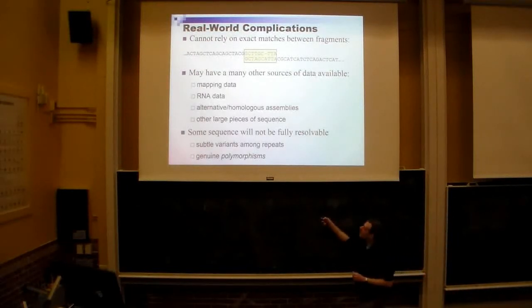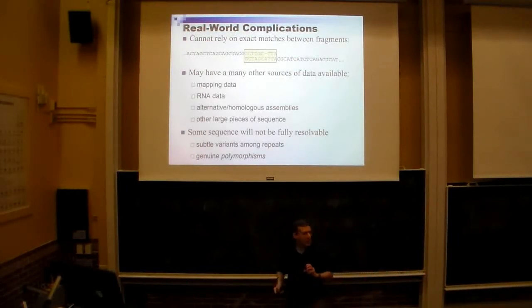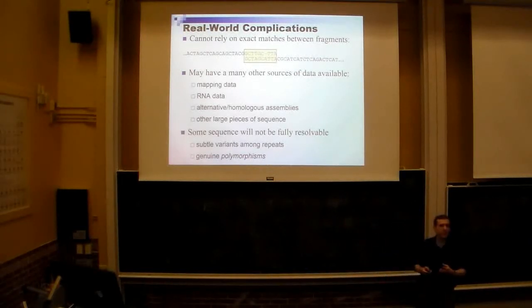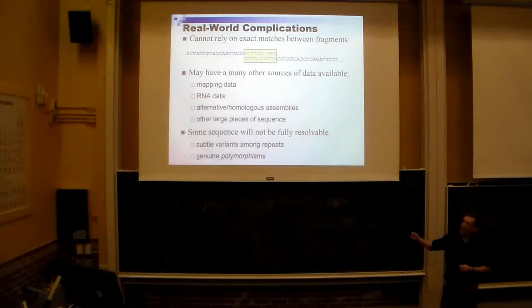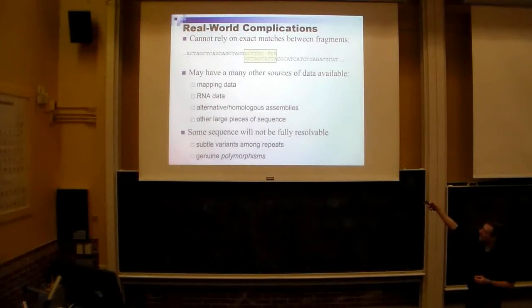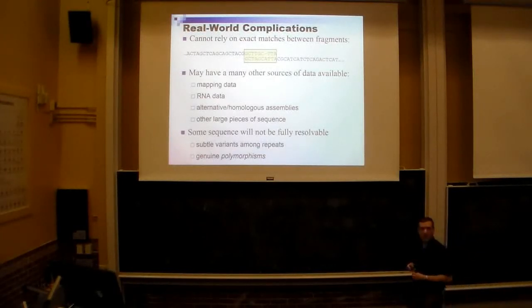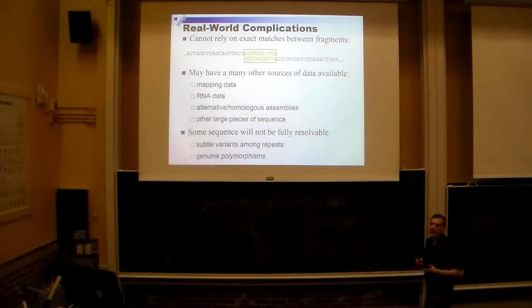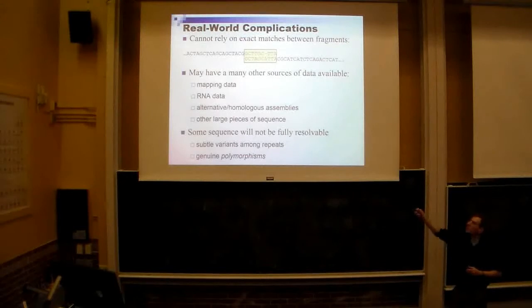All right, so as I mentioned, there are a lot of real-world computations. What I've talked about is mostly fairly abstract in terms of how these computations work, but we do have a much more complicated system than our abstraction, and you need to pay attention to that. You have to worry about these inexact matches, you have to worry about reverse complement matches. So what you do is really a little more complicated than just looking for overlaps between fragments.